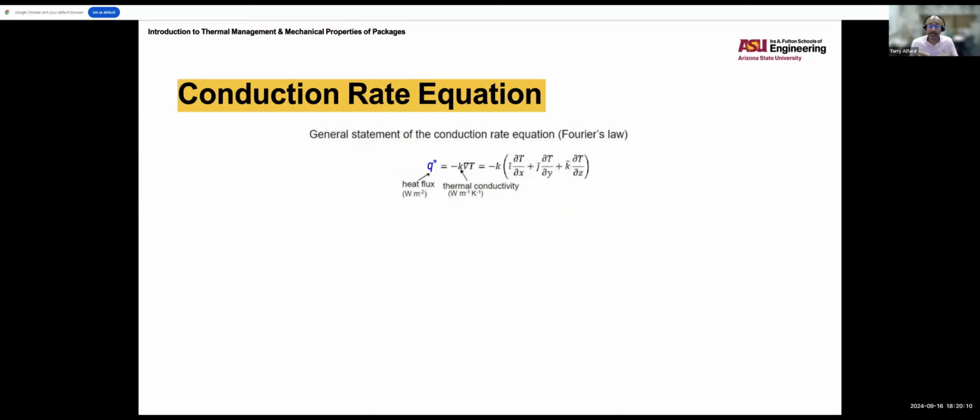So that would tell us that the heat dissipation has to be described in three dimensions.